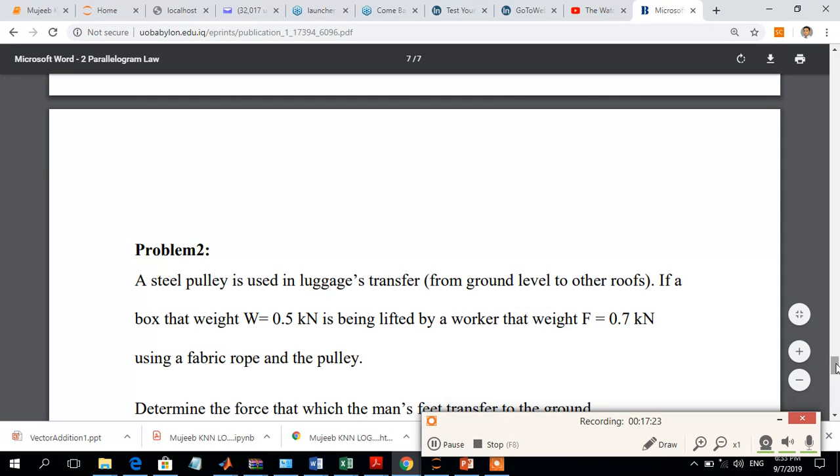Then another important thing is, in order to calculate the different angles, we can apply the law of sines. As per the law of sines, if capital A, B, C are the sides and small a, b, c are the angles, then capital A divided by sine small a is equal to capital B divided by sine small b, which is equal to capital C divided by sine small c.